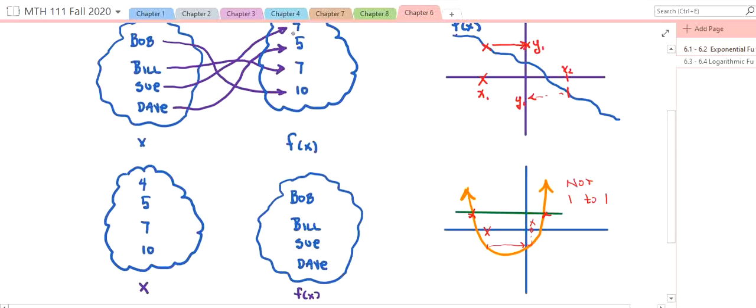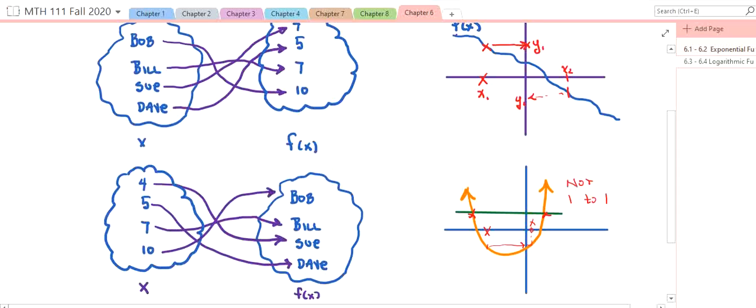So 4 connected Sue, but now the connection goes in the opposite direction. 4 connects with Sue, 5 connects with Dave, 7 was the connection with Bill. So it's an opposite connection, and Bob is 10.